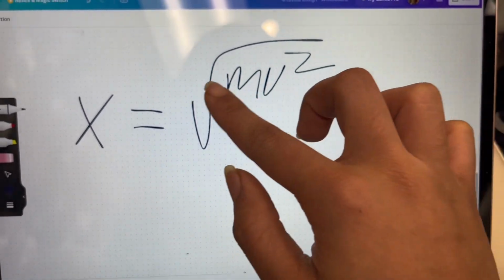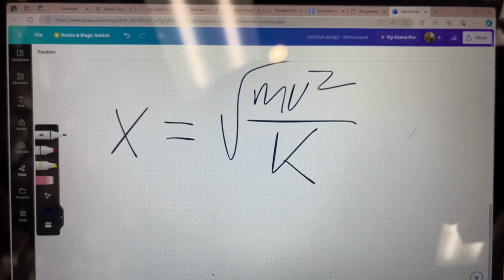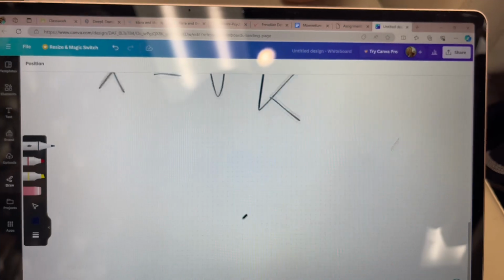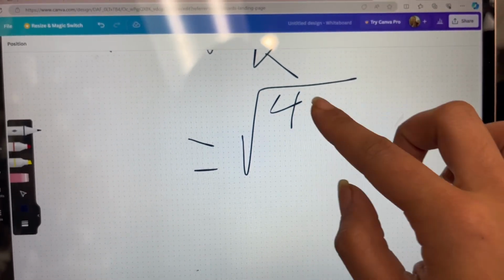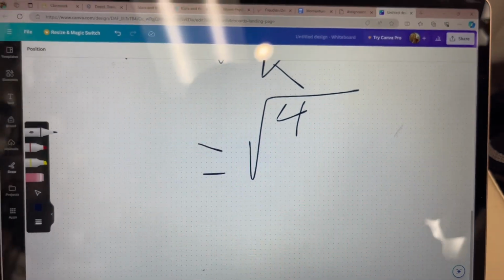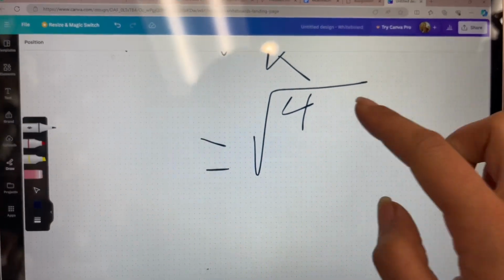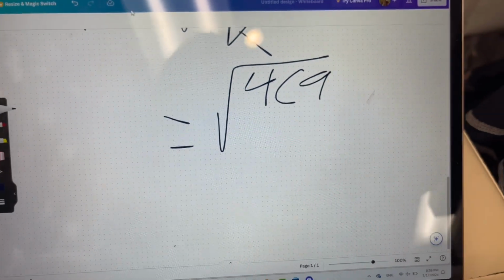x equals the square root of mv squared over k. And since we already know all of these values, m is a given, which is 4 kg, so it would be 4. And then since we already found the velocity from the last part in part B, we just plug that right in. Oopsie, I wrote a 9.